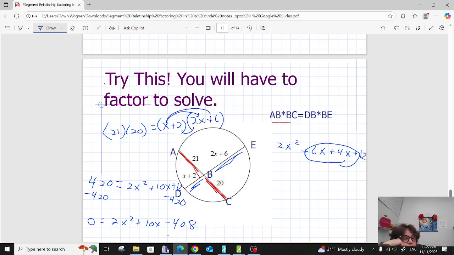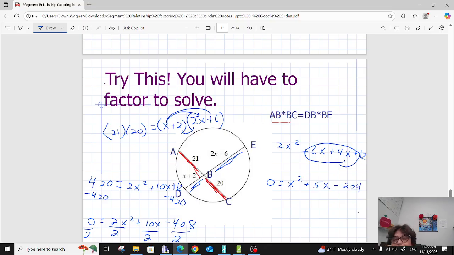So, first, you always do your GCF first. What number can be divided into all those? So divide all those by 2. Because we're going to be solving, I'm not going to worry about putting the 2 out in front. So I'm going to get 0 equals x squared plus 5x minus 204.